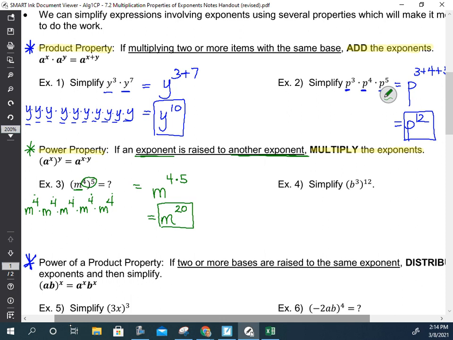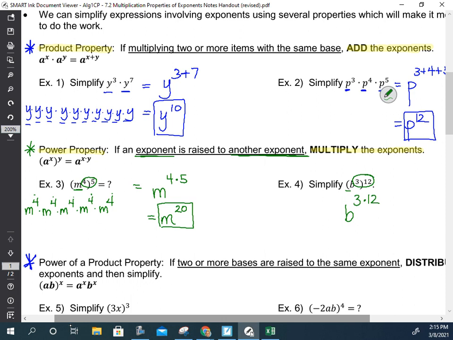So example 4, b to the third raised to the 12th power. I'm not writing that out 12 times, because I'm going to use the property. I have one base and two exponents. Keep the base, multiply the exponents.